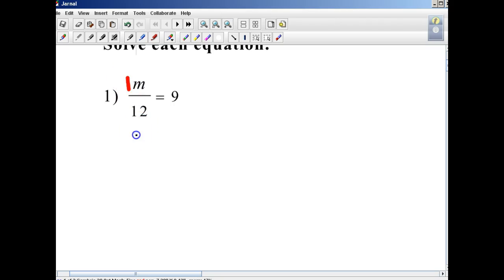Number in front is 1, so change this to a 1/12. So get it ready so we have a fraction that we can actually flip. Here we really don't have a fraction to flip. When we write it like that, we do.